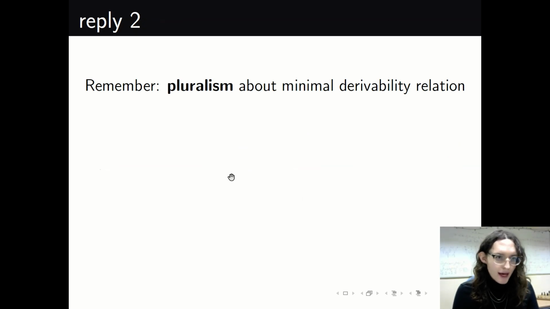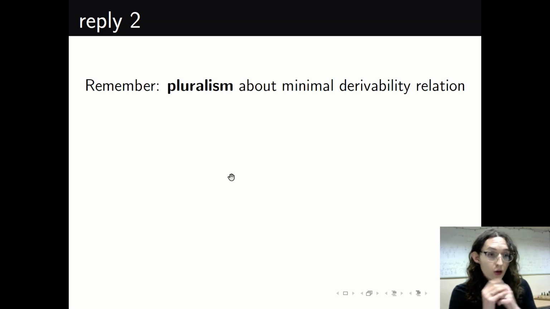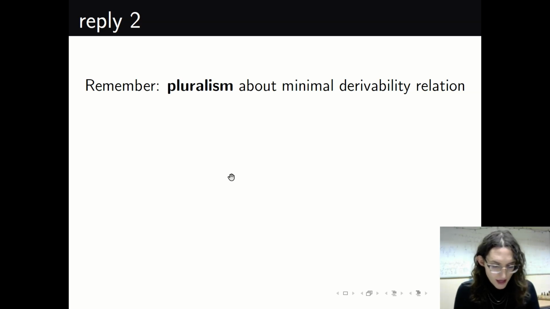Well, remember, in principle we said we are pluralists about a minimal derivability relation, so we're not tied to using, for a measurement, the minimal derivability relation consisting of cut and identity. All we claim is that it's an adaptive choice for some pragmatic desiderata, such as looking at the meaning interrelations in the LK family of logics, and for that it seems quite adaptive.